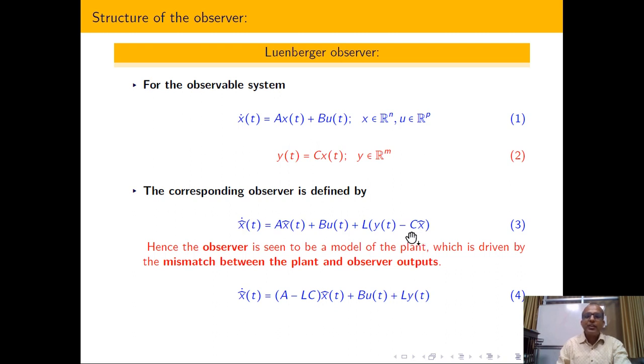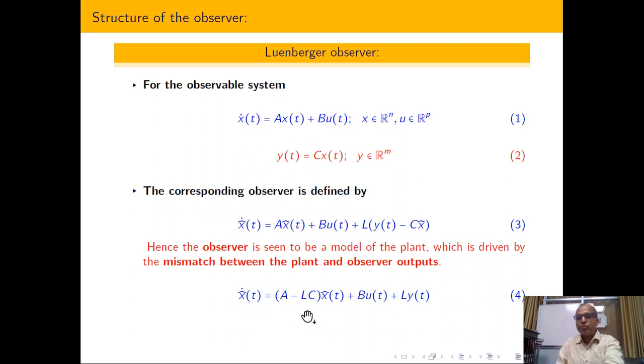After that, what I am going to do is recollect everything, because y is Cx in the original system. So I have this kind of system, and this is the equation of the observer, and you can see that this is a dynamical equation because rate of change is involved here.